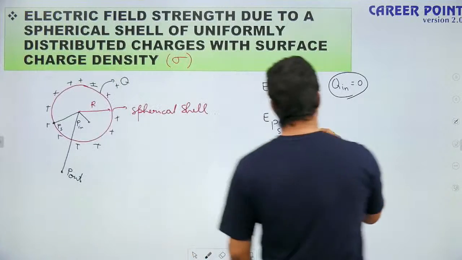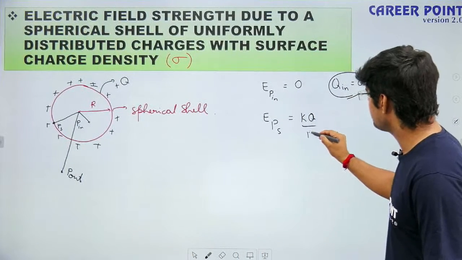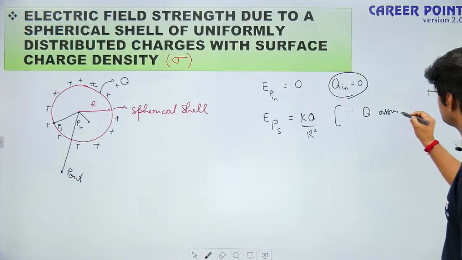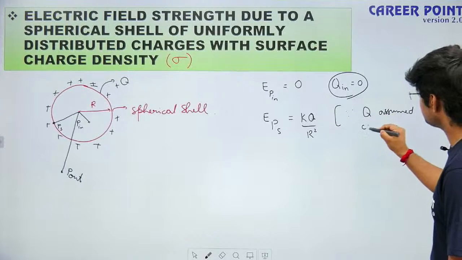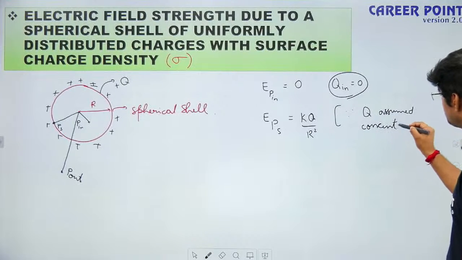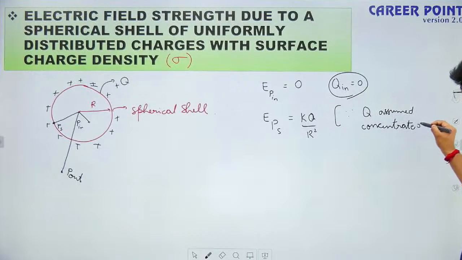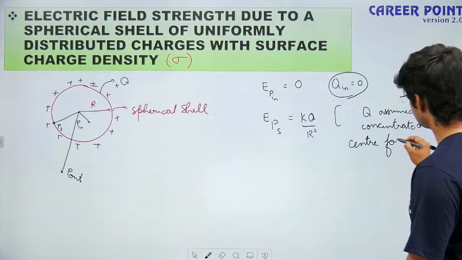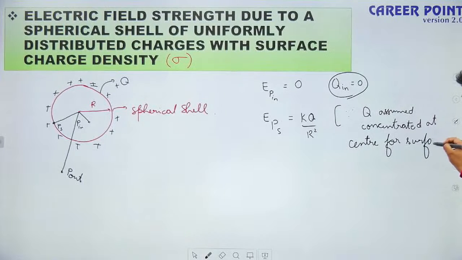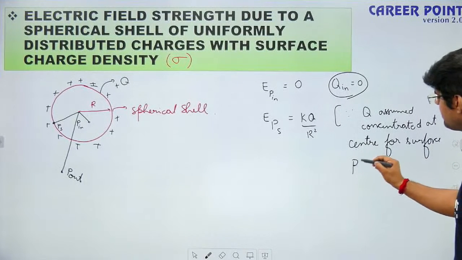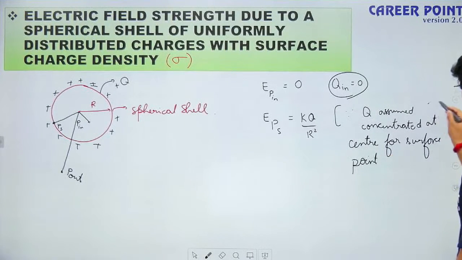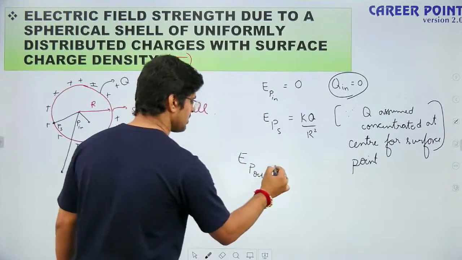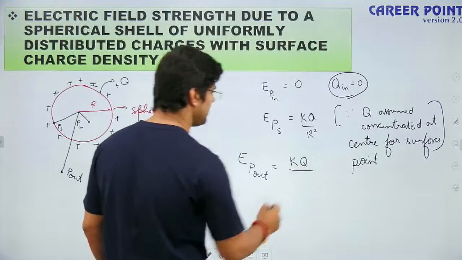For the surface point, Q is assumed concentrated at the center. The electric field at P out, the outside point, will be K Q divided by distance square.